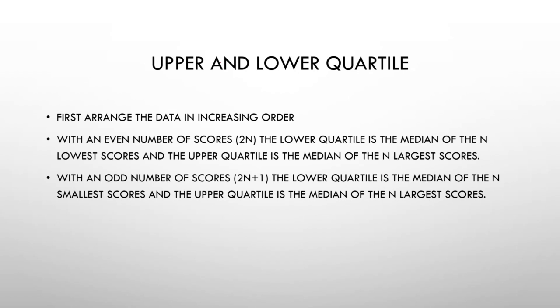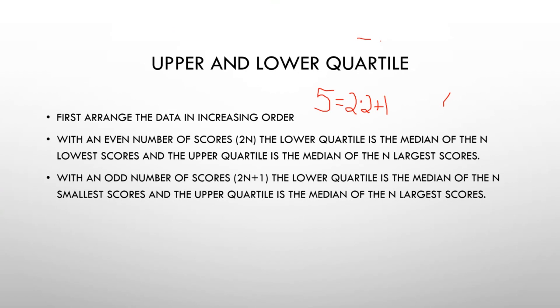If you have an odd number of numbers, so for example 5, if you have 5 numbers, so we have 5, 5 is 2 times 2 plus 1.